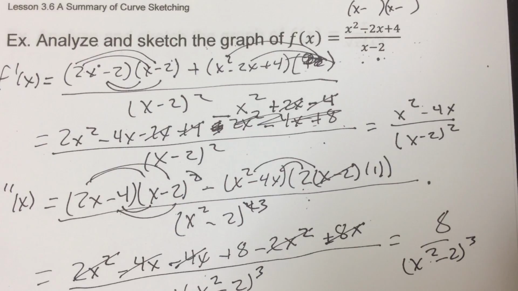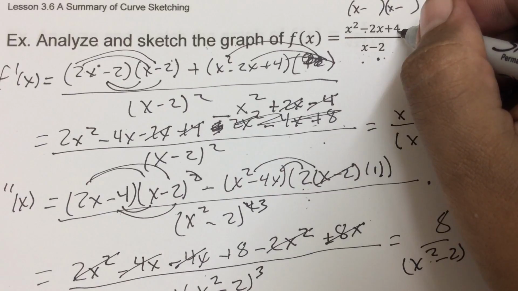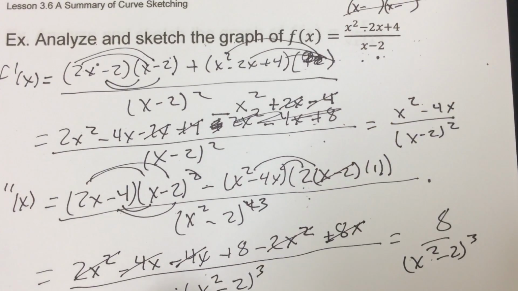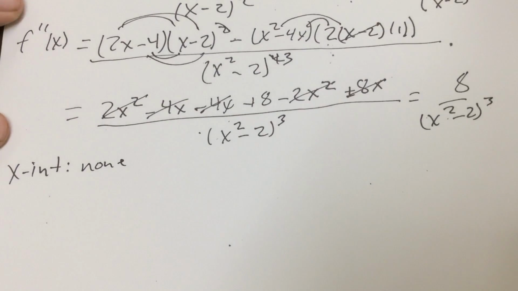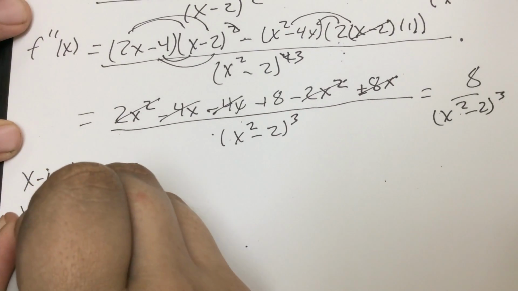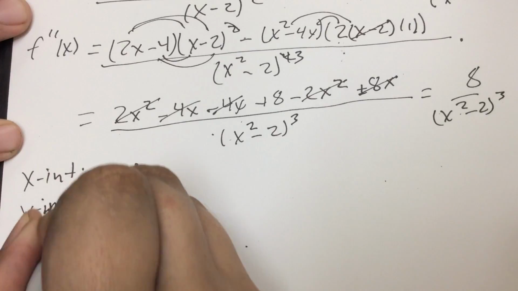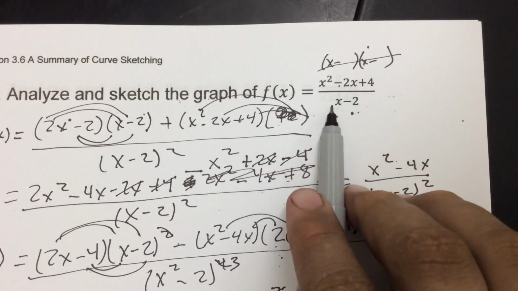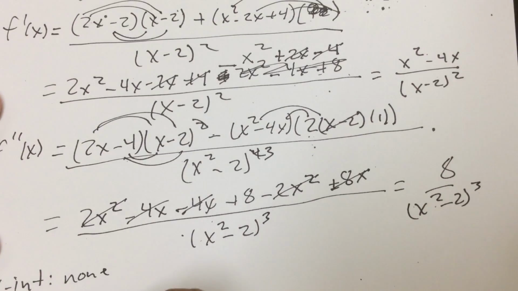There's no way to get factors of 4 added together to be negative 2, so there is no x-intercept. Y-intercept would be if we put 0 in here, we'd have 0, 0, 4, and a negative 2, which would cause this to be a negative 2.